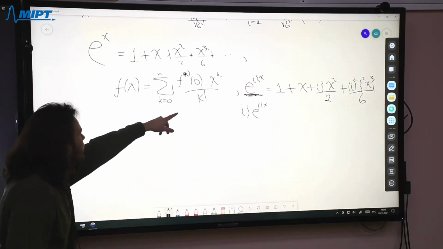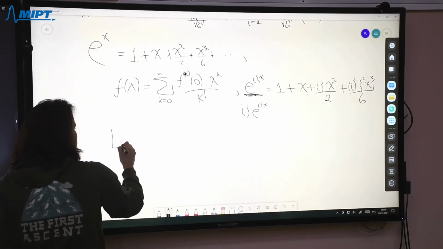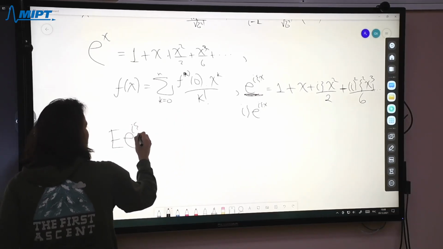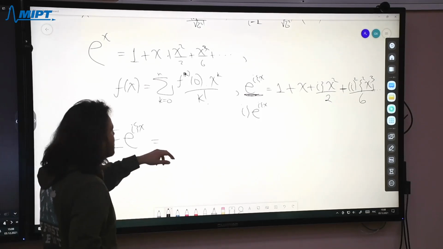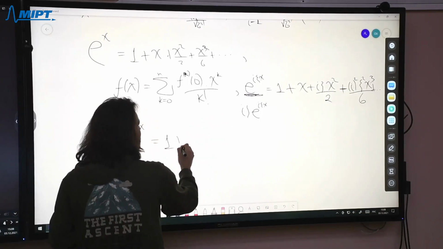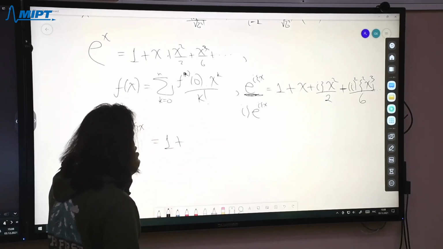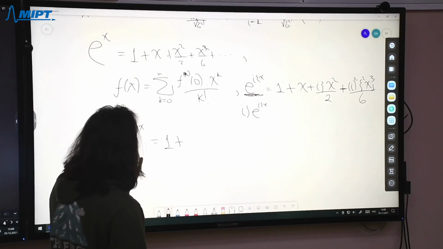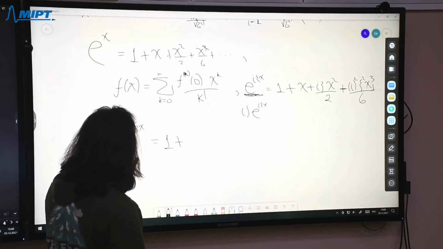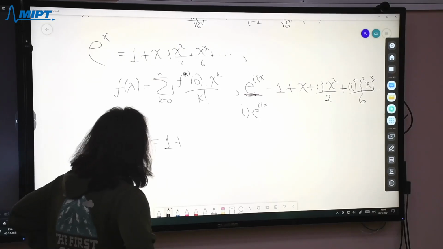Now let's look at the expected value of this. It's going to be 1 plus, what is the expected value?